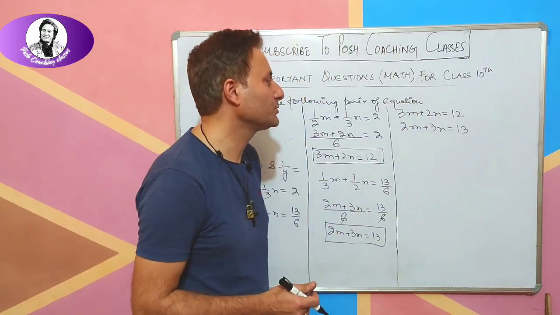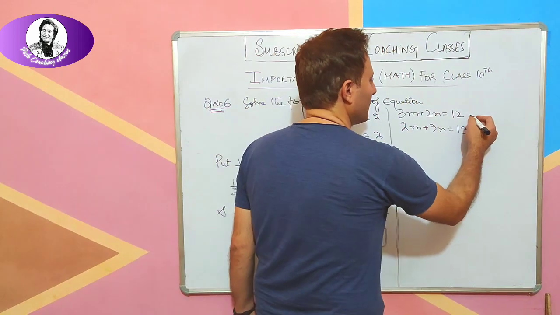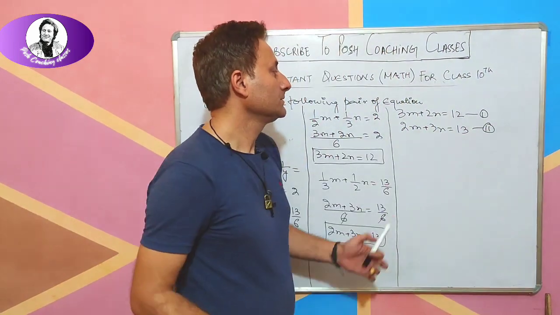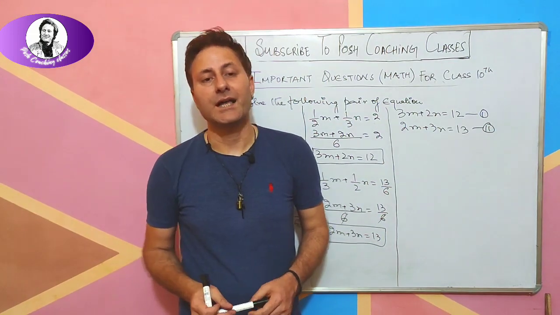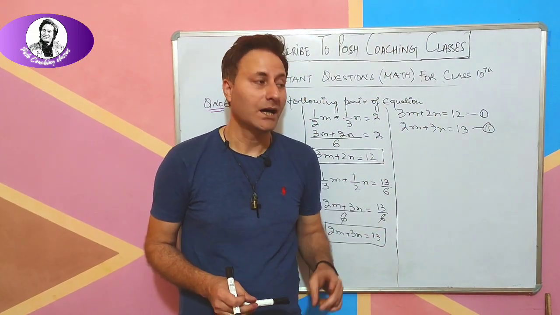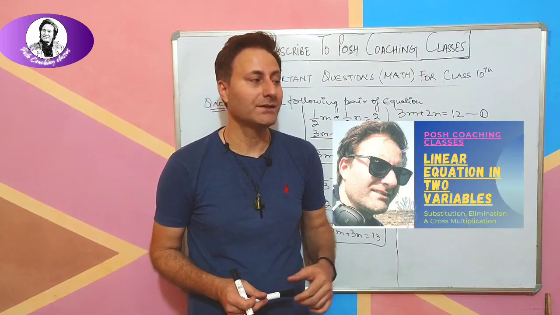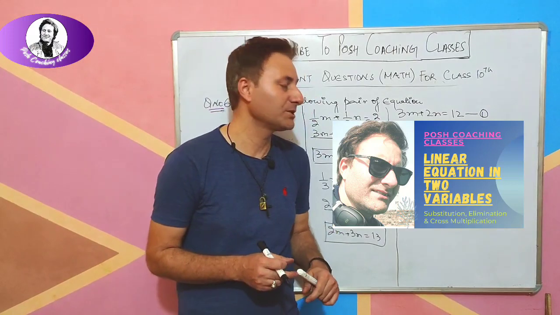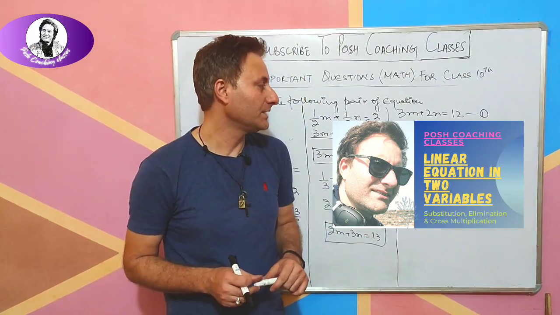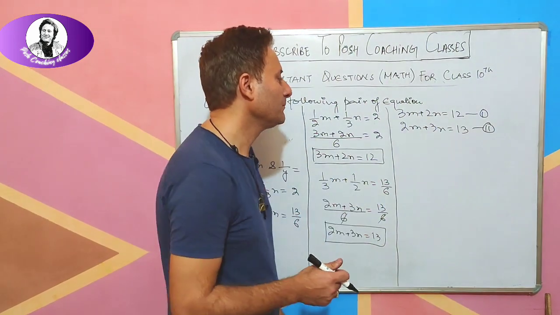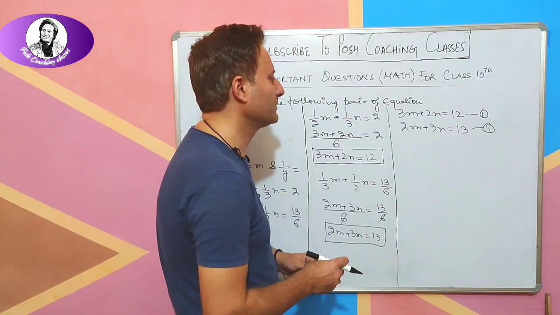There are methods like elimination, substitution, cross multiplication. I have done a video on this particular topic. You can go through the description, you will find the link there. If you want to learn it more, you can go through that. So here I can use either of the 3.